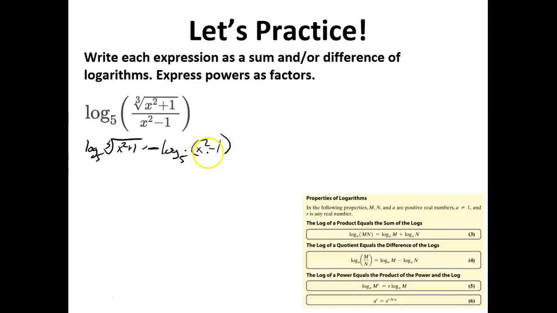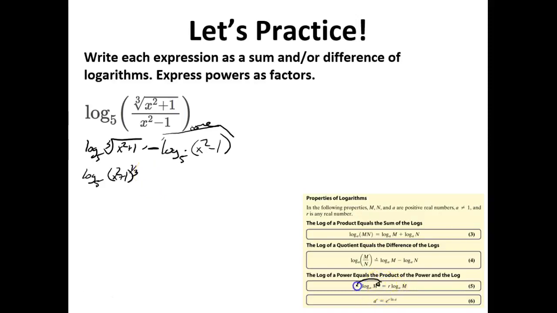When I look at that second log, there's no multiplication inside there, and there's no quotient, there's no power. The second part right here, this part's done. But the first part, the cube root, that would be like having log base 5 of x squared plus 1 to the 1/3 power. We have a power there, so that power is going to go out front.